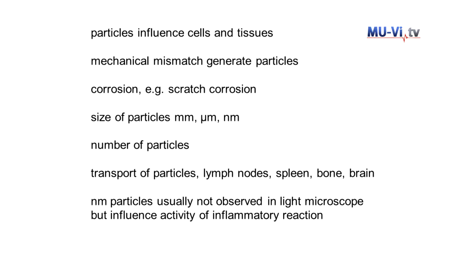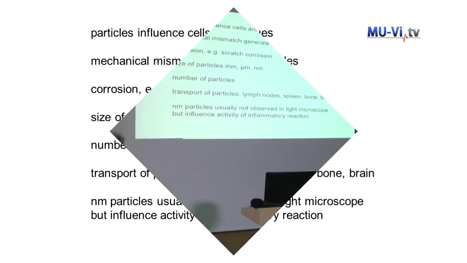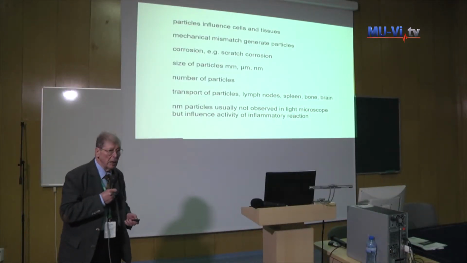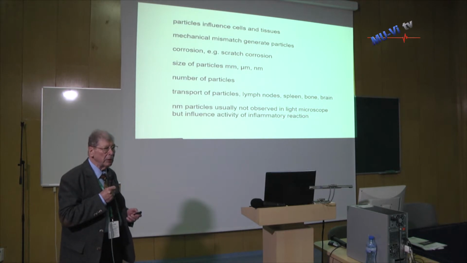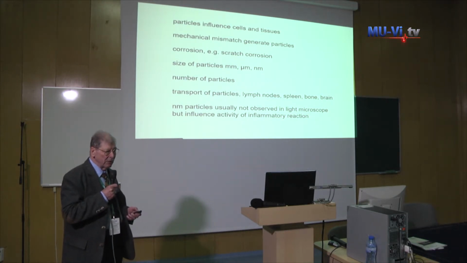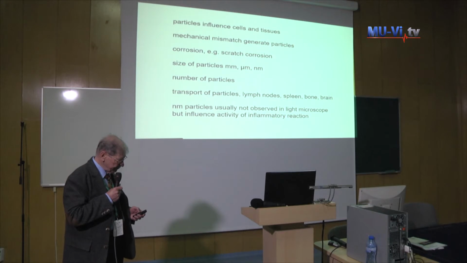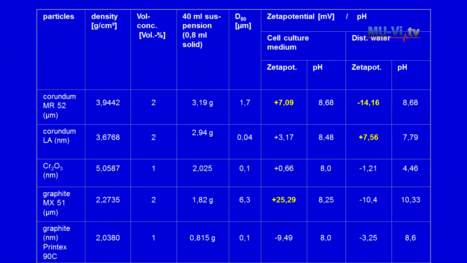And nanometer particles usually are not observed in the light microscope, but influence activity of inflammation in a not yet very well recognized matter. We dealt with the question of nanoparticles versus microparticles.